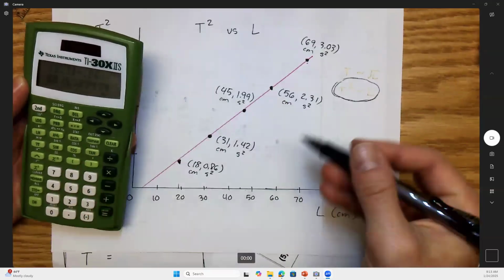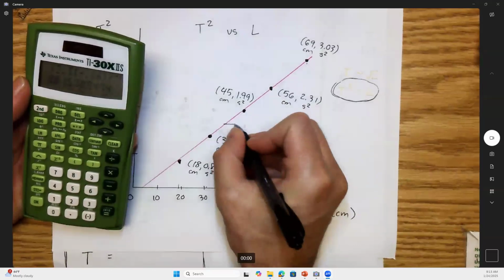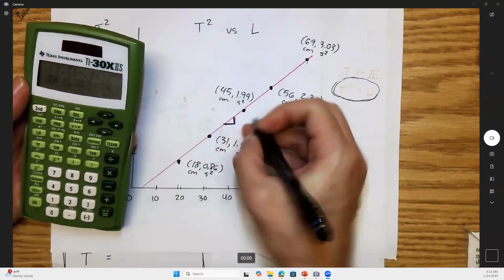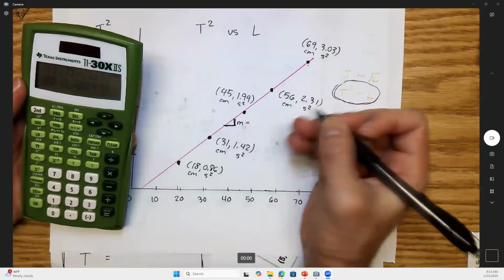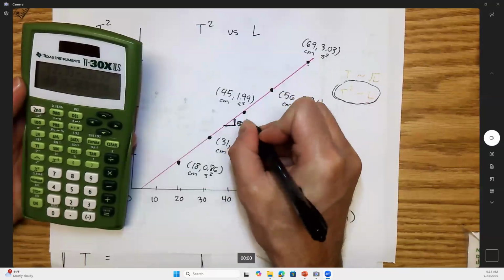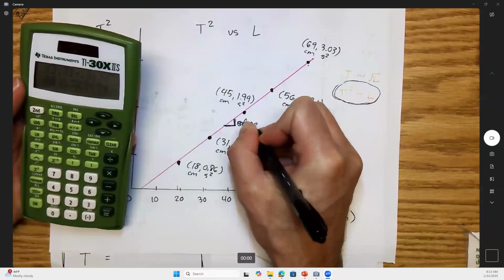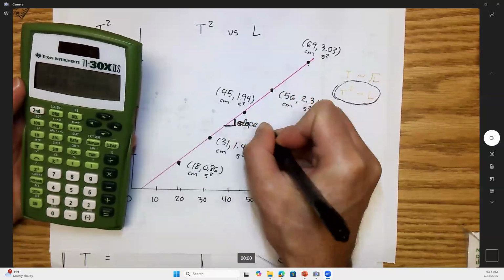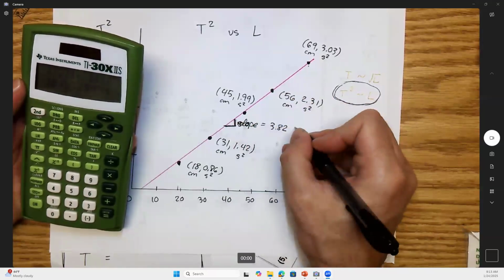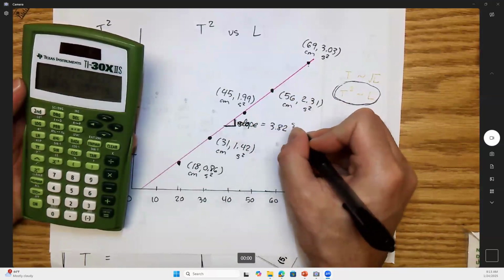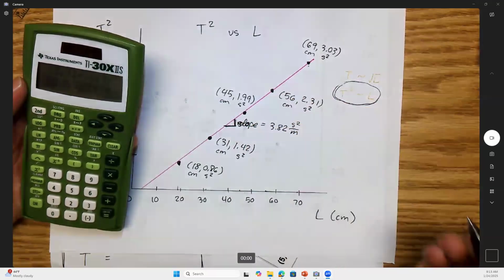So the slope, I'll write out slope instead of m because we use m for so much in physics. Slope equals 3.82, and that would be square seconds per meter.